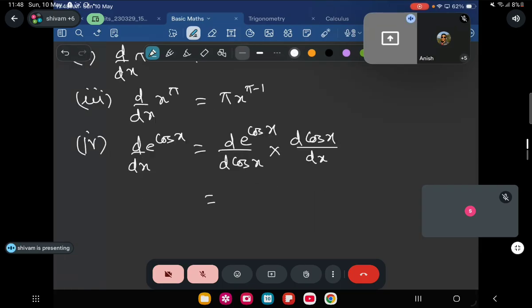So d by d theta of e to the power theta will become e to the power theta only. And what is d by dx of cos x? Minus sin x. Done. So finally you are going to get minus e to the power cos x into sin x. Tell me, is it clear? When we differentiate e to the power something, it's always the same. Yes, d by dx of e to the power x is e to the power x only.